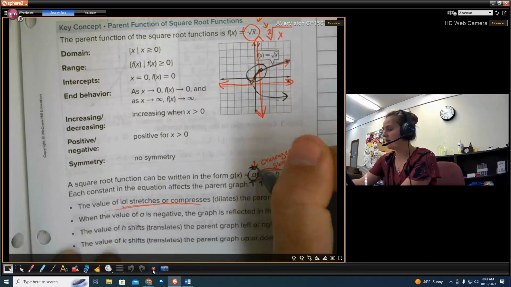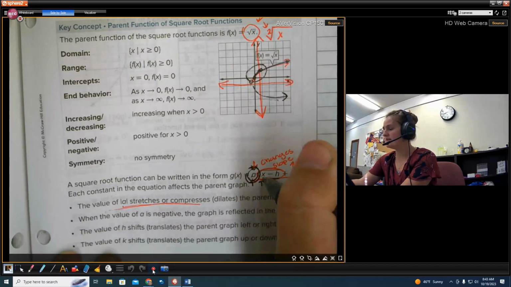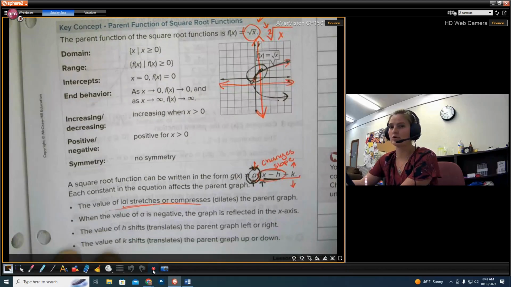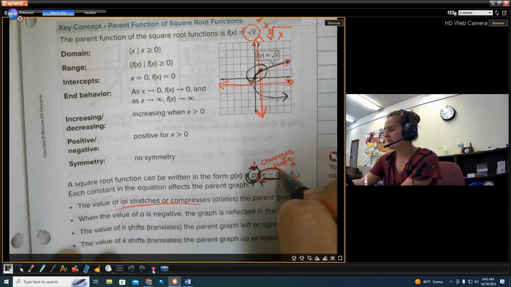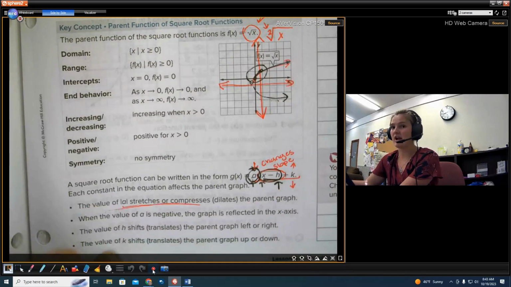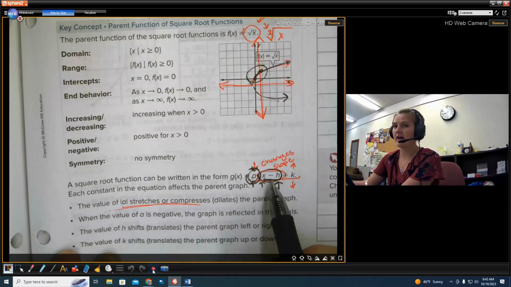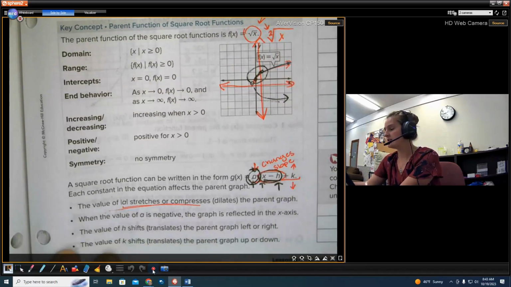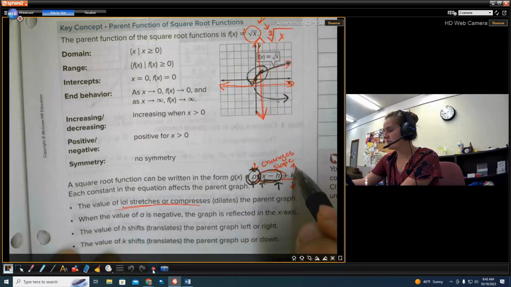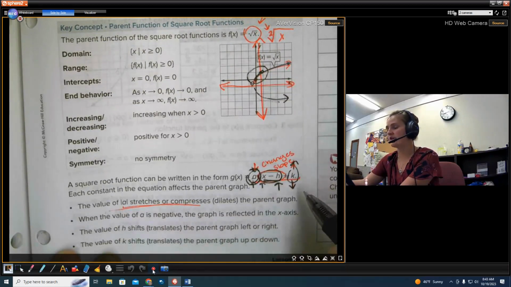And again, it's outside of the x grouping, so it's stretching in the vertical direction, or the y's. So anything grouped inside with the x's, like this h, is going to be shifting left and right. And x's always lie, so with this being a negative here, that would shift it right, actually. And then the k value just shifts it up and down. And y's don't lie, so it's just what it looks like. So if it's a plus k, then it's up, and if it's a minus k, then it's down.